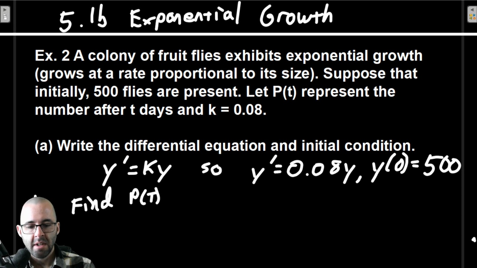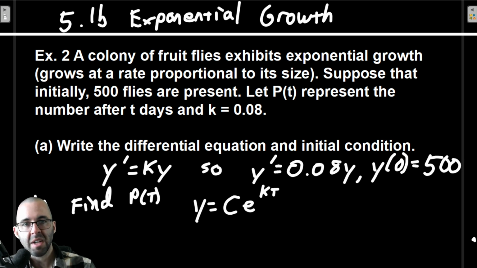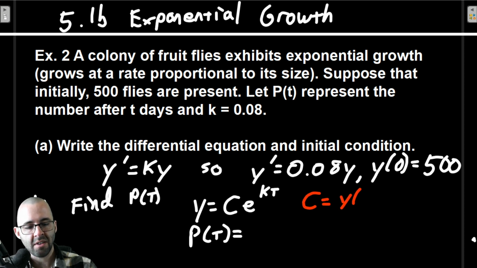Well, the solution, right, to y prime equals ky, is y equals c times e to the kt. But it's not y anymore, it's P of t. We can call this function whatever we want, so let's call it P of t equals c e to the kt. Note that we could plug in 0 for t, but in this form, c will always equal y of 0.